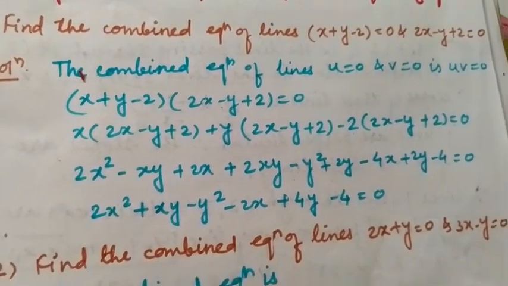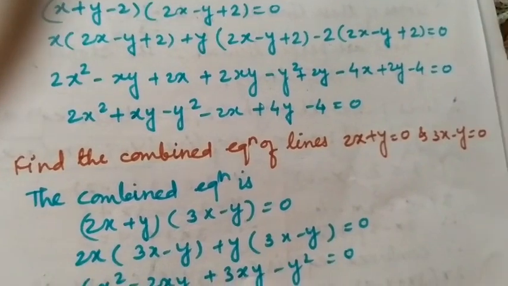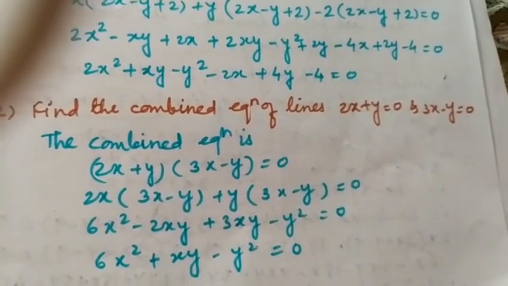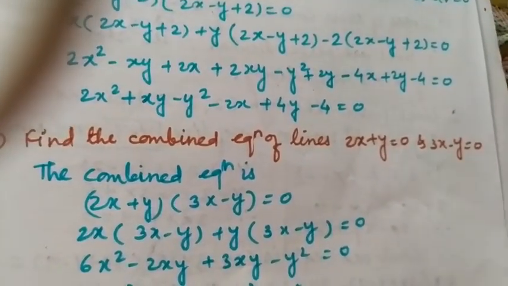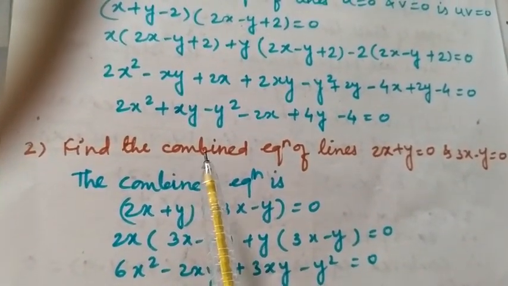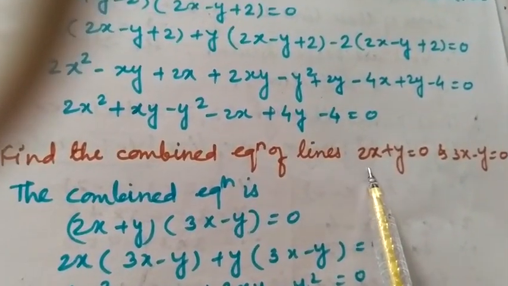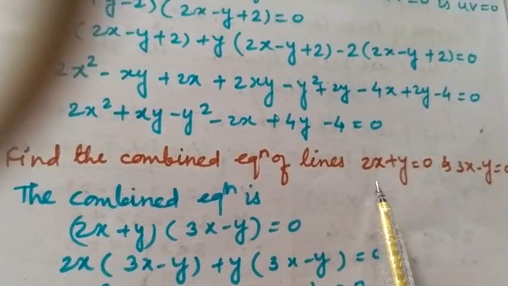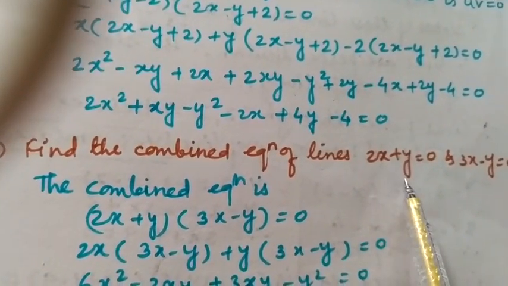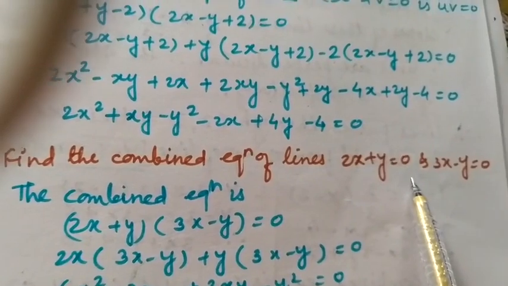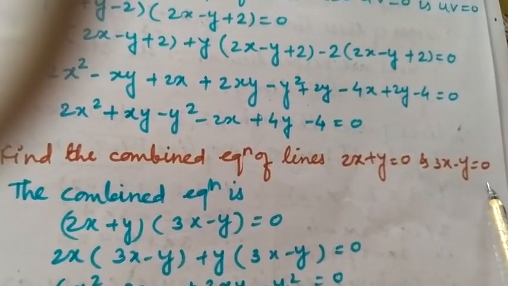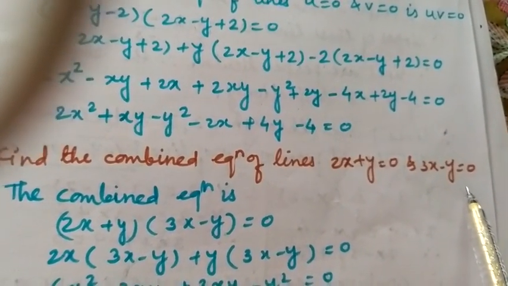Let us see, for more confidence, another example of the same type. You feel it is very easy. Now see, find the combined equation of lines. The equations of the lines are 2x plus y equal to 0 and 3x minus y equal to 0.